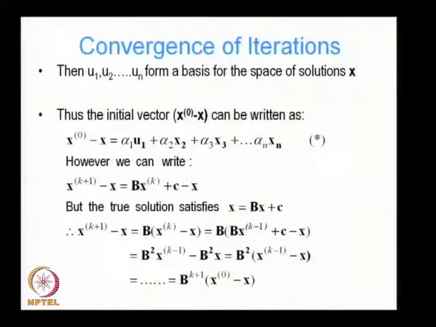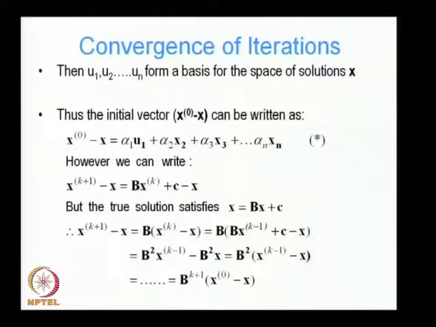Since these eigenvectors are independent, u1, u2, un form a basis for the space of solutions. What do we mean by basis? Since these are independent vectors, any vector of dimension n can be written as a linear combination of u1 through un. So, these form a basis for that space.